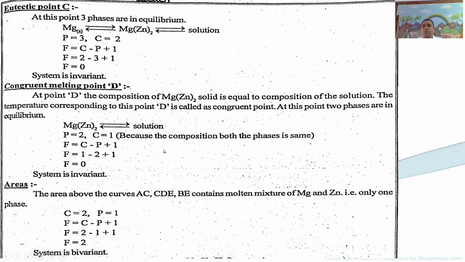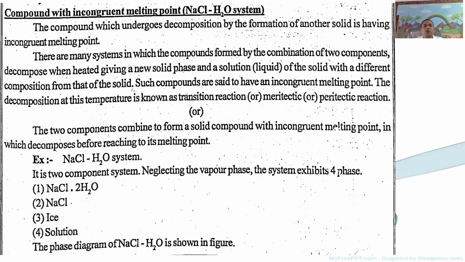It is a bivariant system. It requires temperature and composition to explain any point in the areas of the magnesium zinc system.